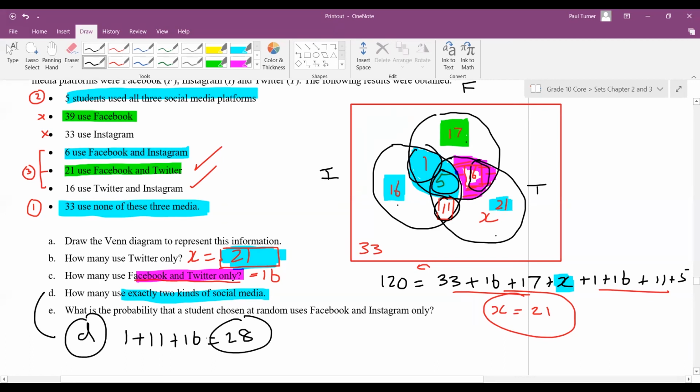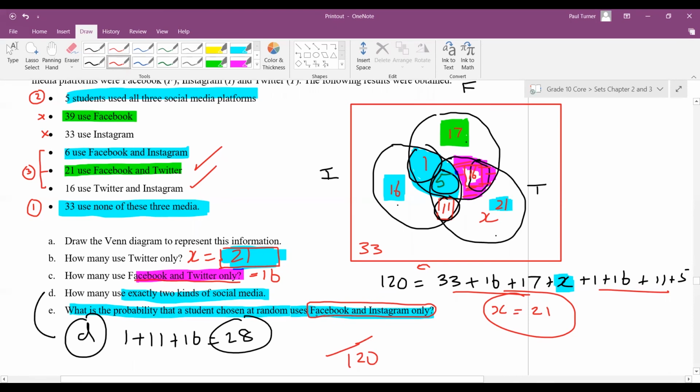Okay. Now E is probability, but probability is just a fraction. So what's the probability that a student chosen at random from all the students, which is 120, isn't it? Out of all the students, what's the chance I will pick someone that uses Facebook and Instagram only?